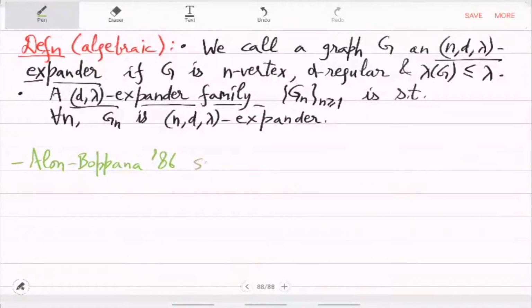They showed that lambda G is greater than or equal to roughly 2 over square root d.